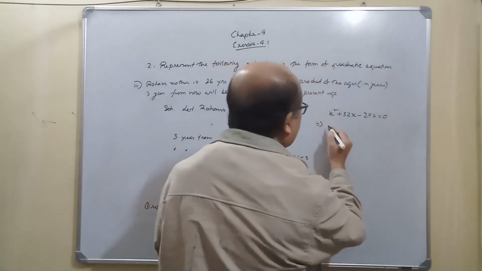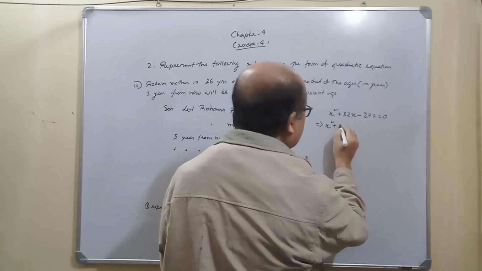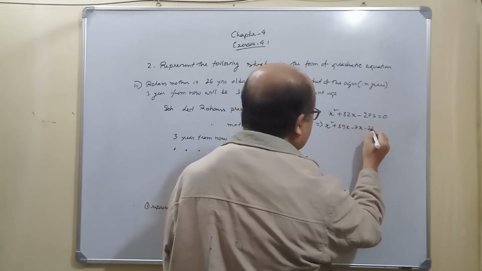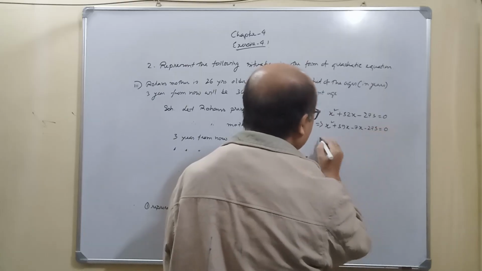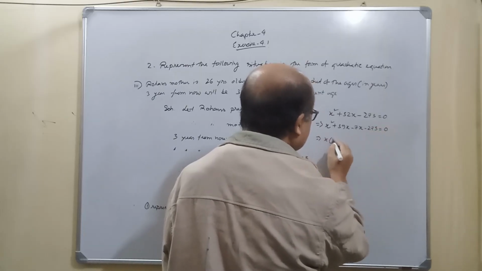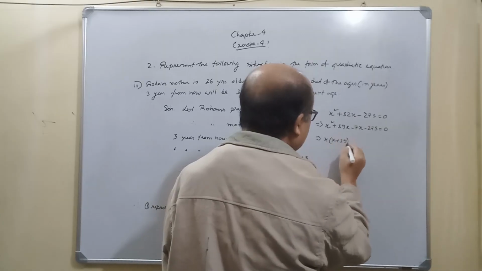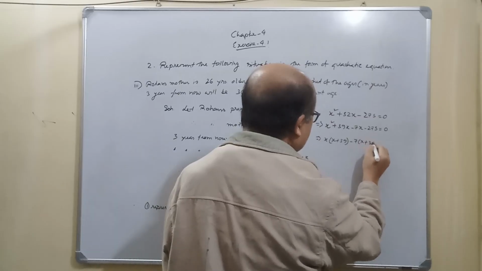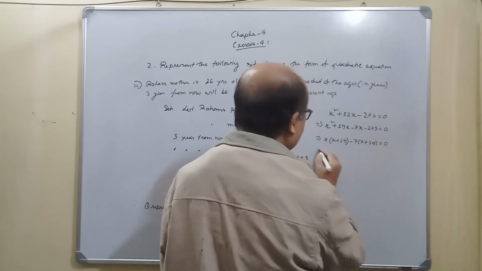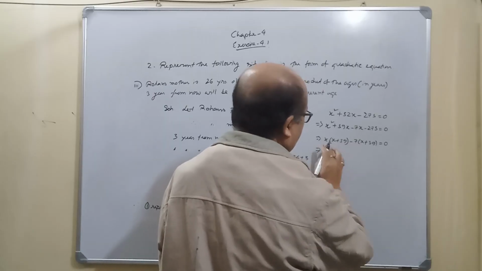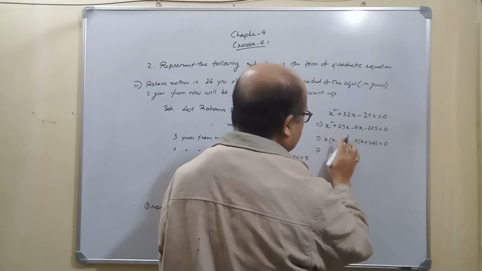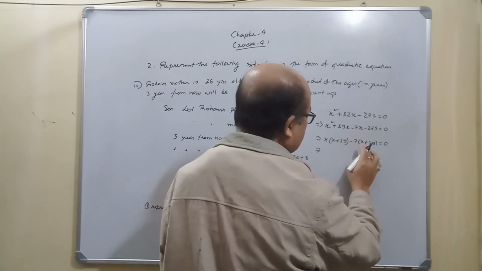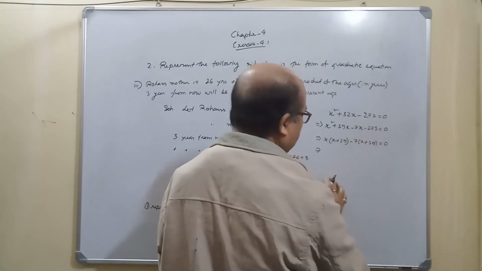So we will write it as x square plus 39x minus 7x minus 273 equal to 0, which implies x into x plus 39 minus 7 into x plus 39 is equal to 0. x into x, x square, x into 39, 39x, minus 7x, minus 7 into plus 39, minus 273.